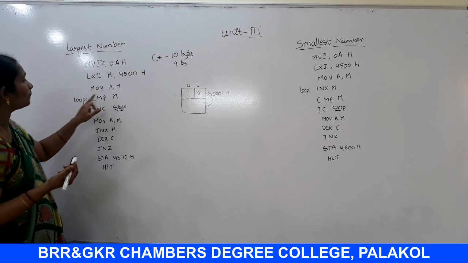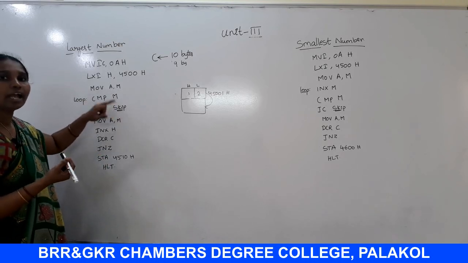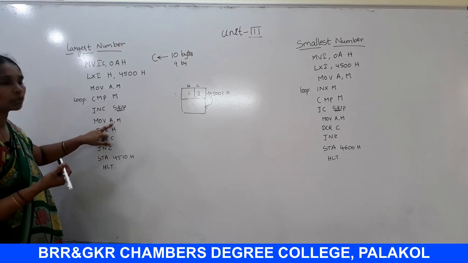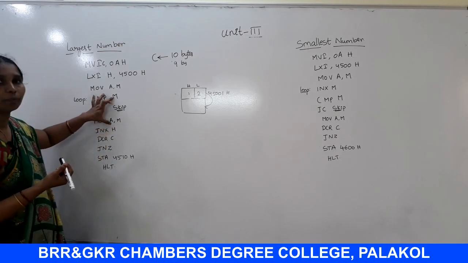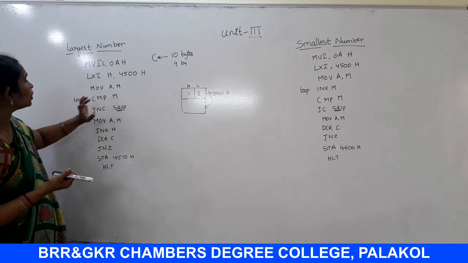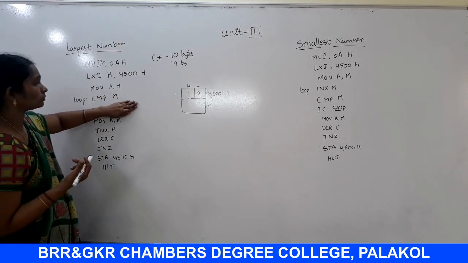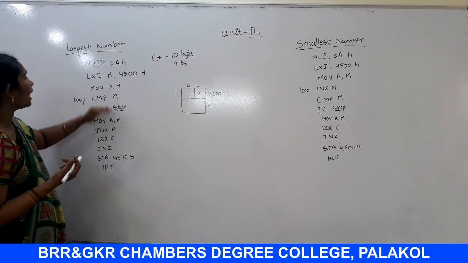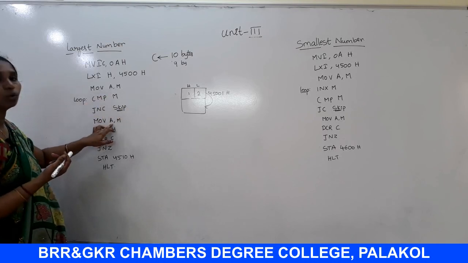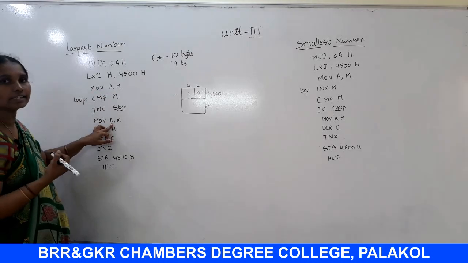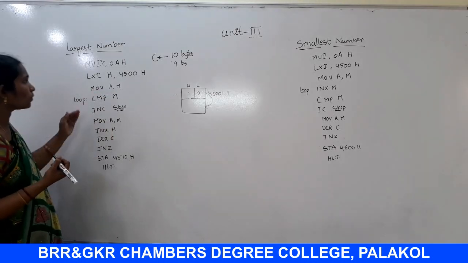Then compare this memory with the accumulator number. If no carry is generated, skip this instruction and the data is moved into the A register. Repeat this process.